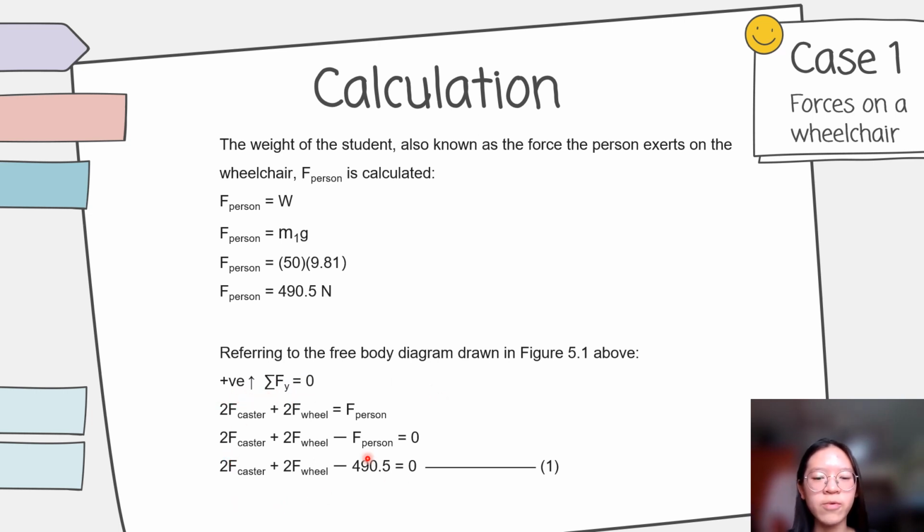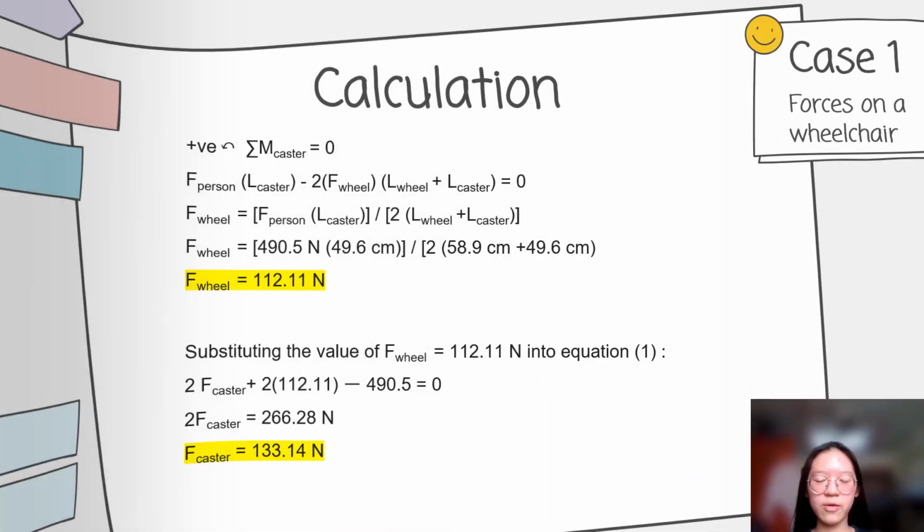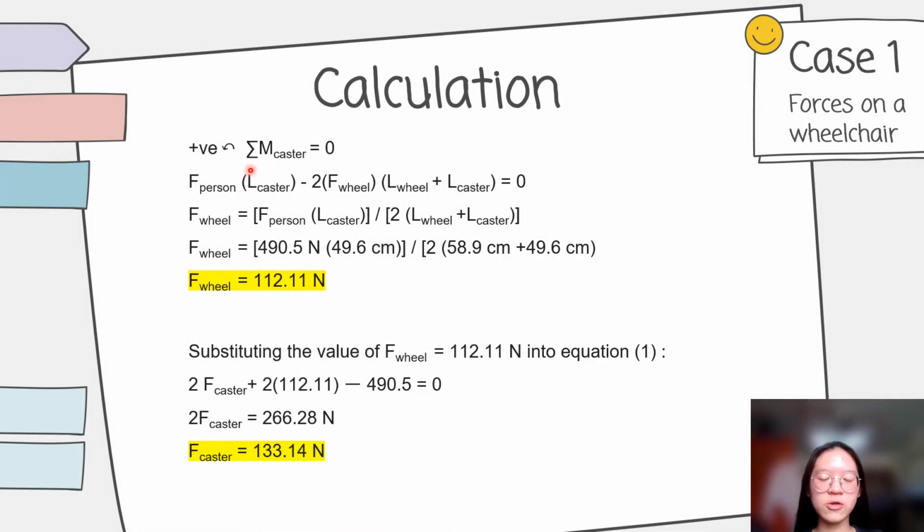Then we obtain this formula. We use the equation total moment of caster is equal to 0. Then we can know that the force of the wheel is equal to 112.11 newtons. Then substitute the value of force of wheel into equation 1. Then we can get the force of caster is equal to 133.14 newtons.